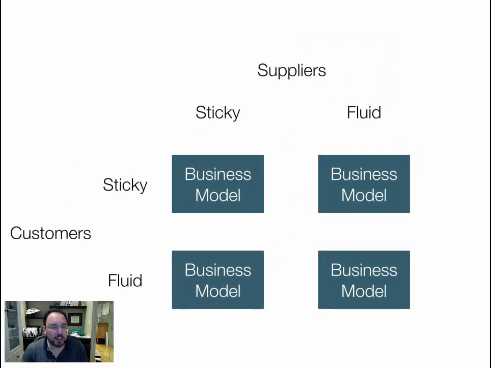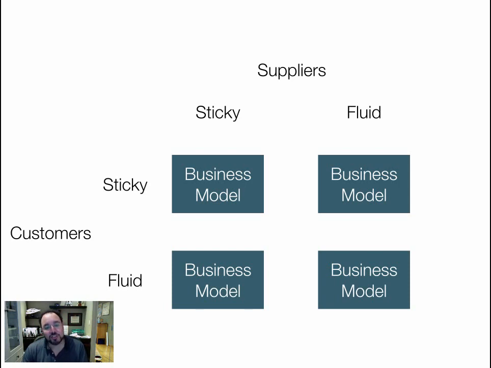Now, we already provided one means in the last lecture about how to think about those business models, and that was by thinking about the relationships that you as a venture would have with suppliers and with customers. In particular, how you position your product can influence whether your suppliers and customers are what we called sticky or fluid.